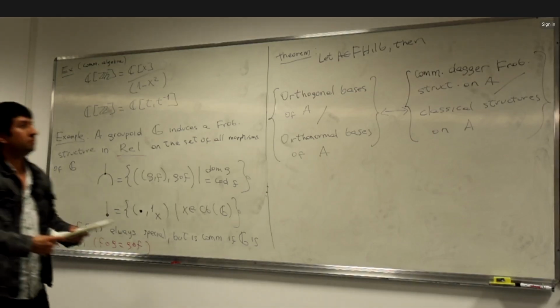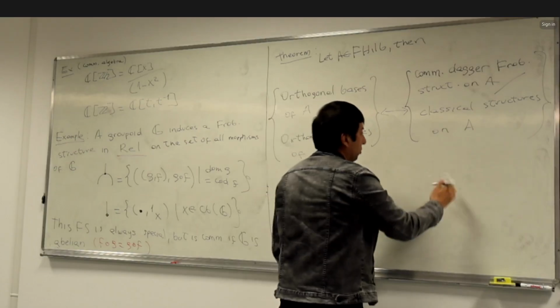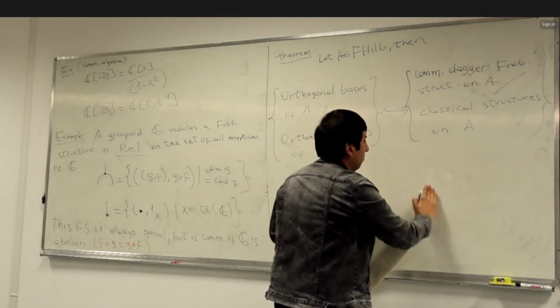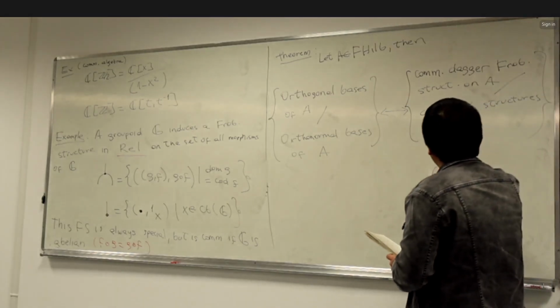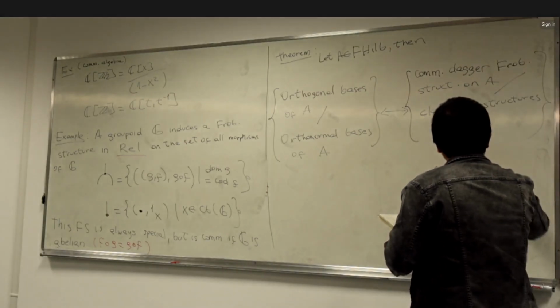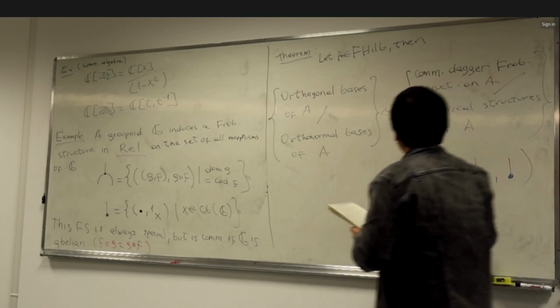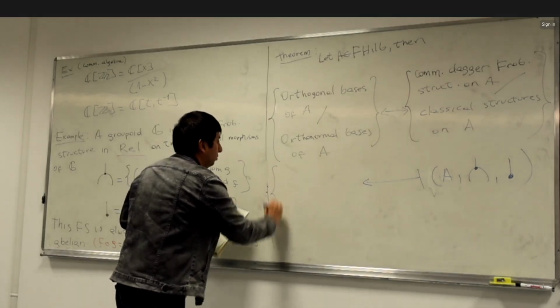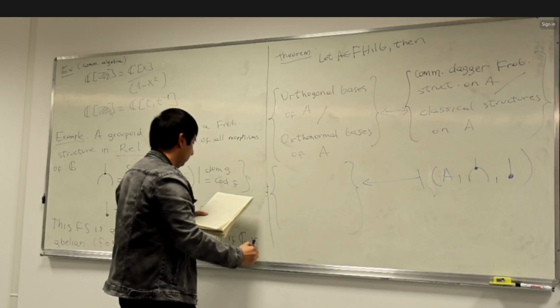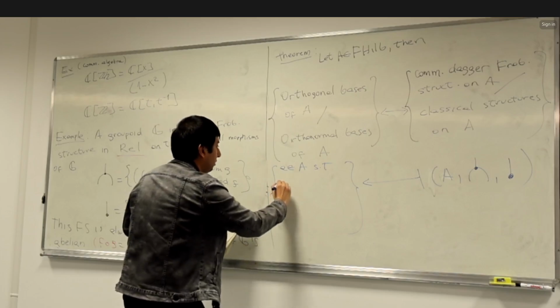Okay. Remember, as this is a dagger Frobenius structure, we only have to define it on the monoid structure. Given this monoid structure, we can choose those vectors such that they satisfy this equation.